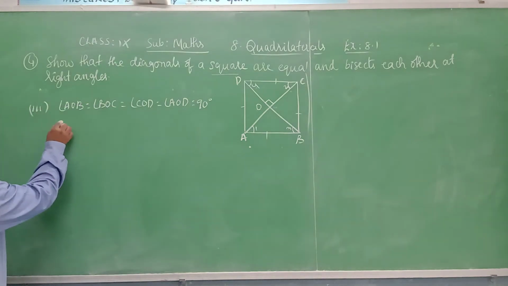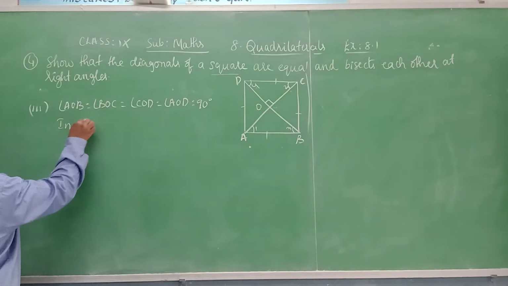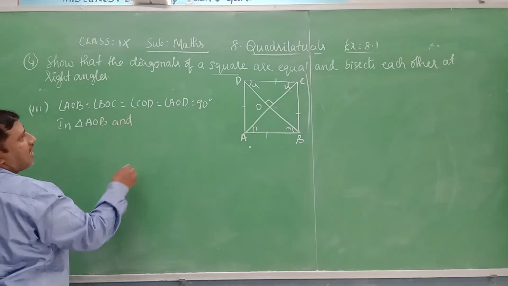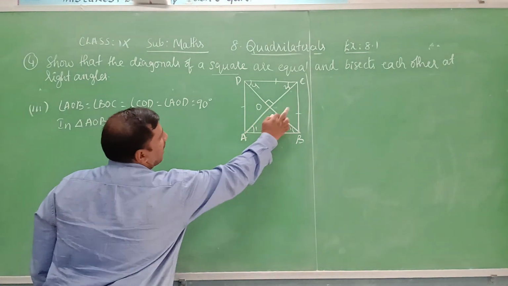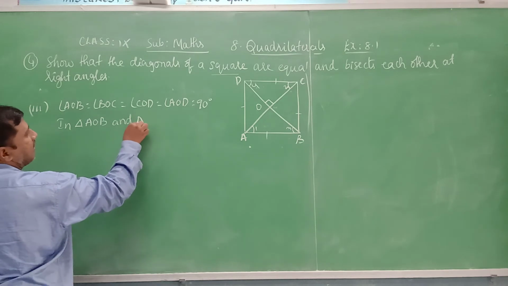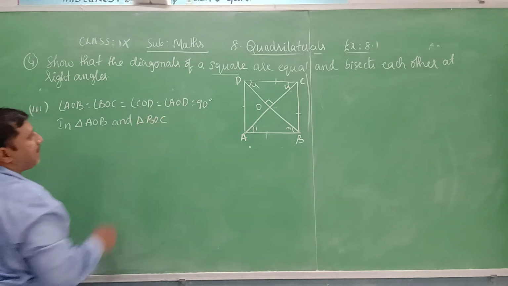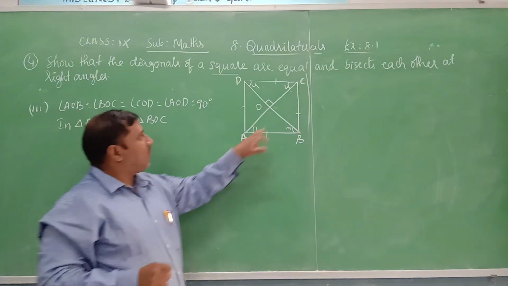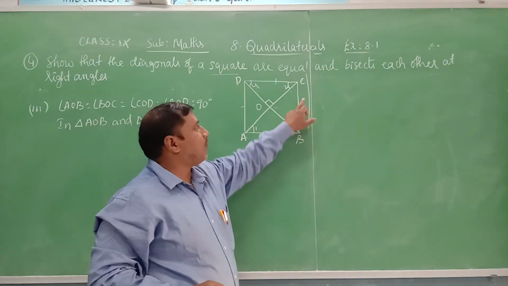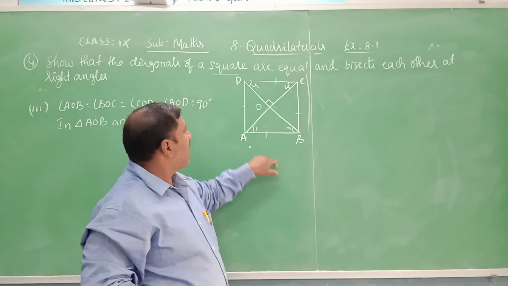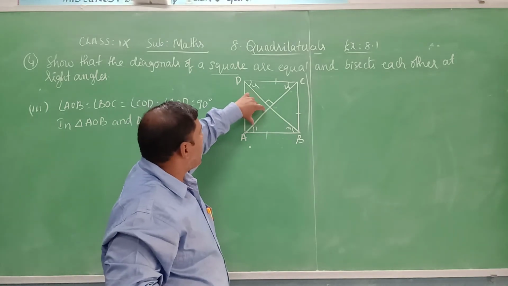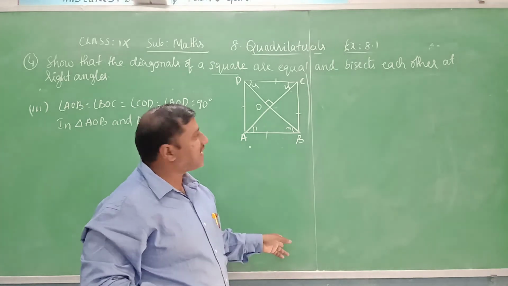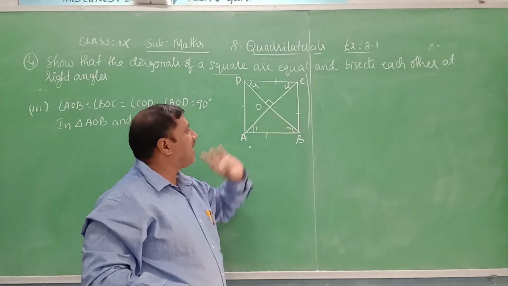Now, I am considering triangle AOB and triangle BOC. In these two triangles, we know that AB is equal to BC, sides of the square, and OA is equal to OC. We have proved just now from CPCT of the second identity, and OB is the common side.